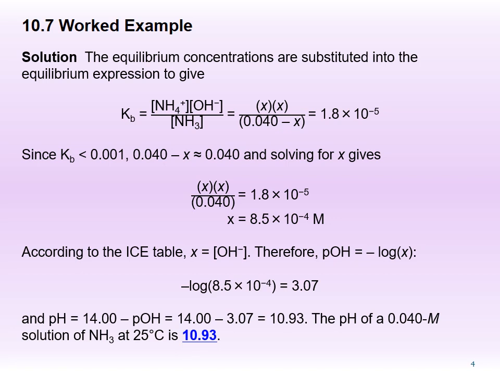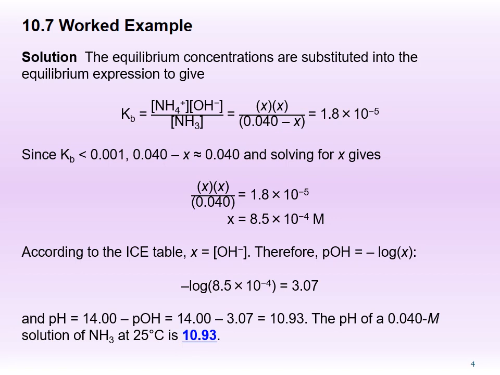Equate this to the given Kb value of 1.8 times 10 to the power of -5. 10 to the power of -5 is rather small, so we use the approximation method. That is, Kb is less than 0.001, so 0.040 minus x is approximately equal to 0.040. Solving for x becomes easier and faster. x is 8.5 times 10 to the power of -4 molar.